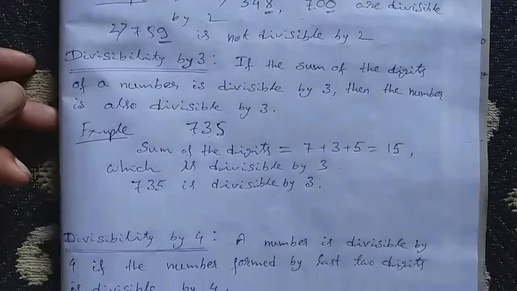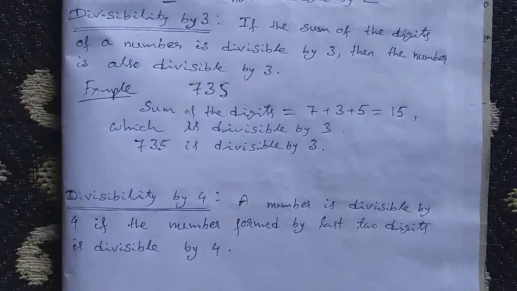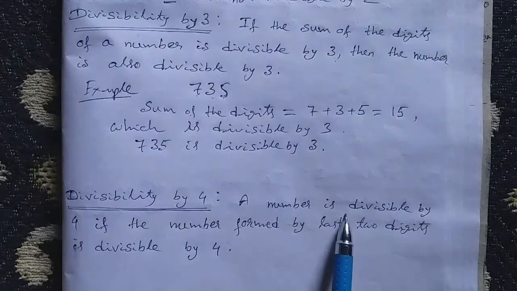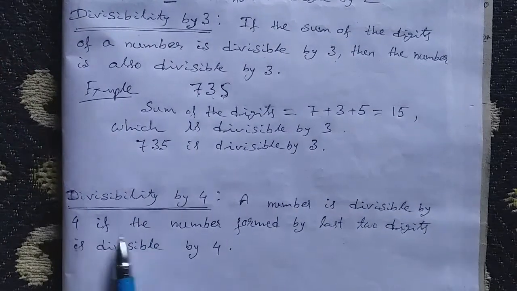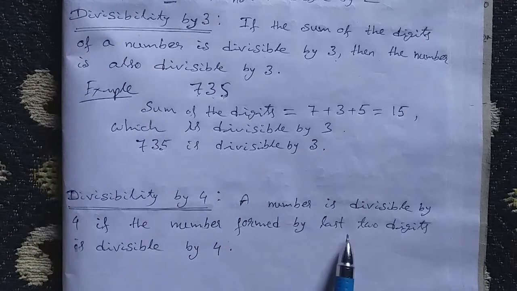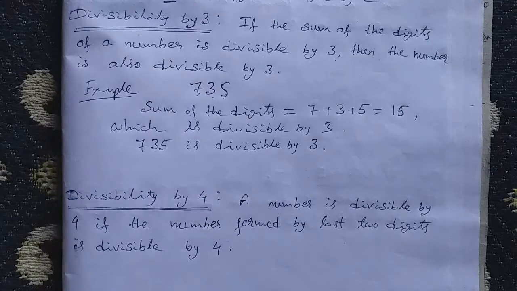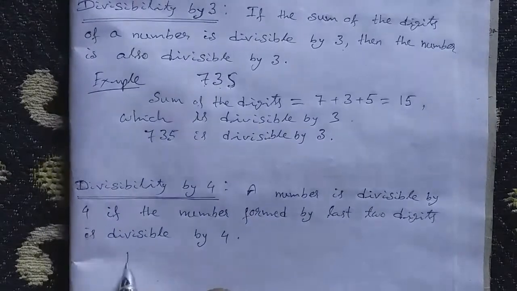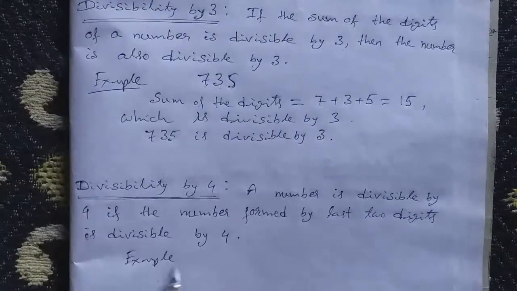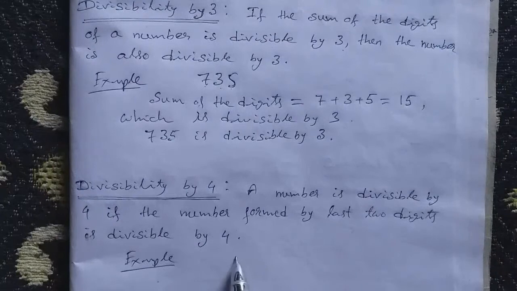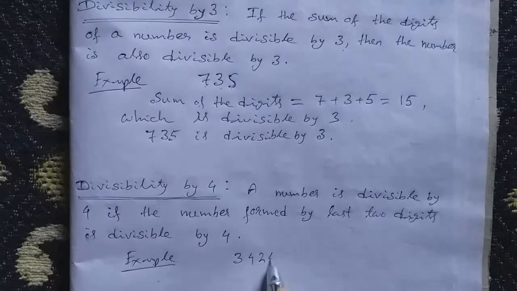Now divisibility by 4. A number is divisible by 4 if the number formed by its last two digits is divisible by 4. What is the meaning? Suppose the number is 3424.